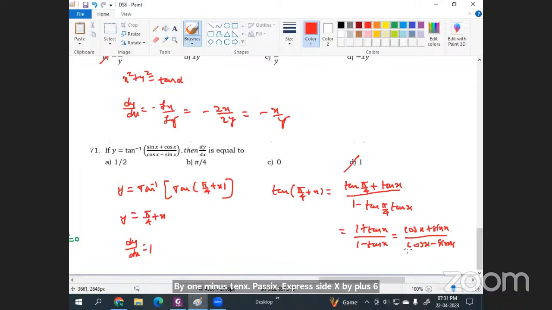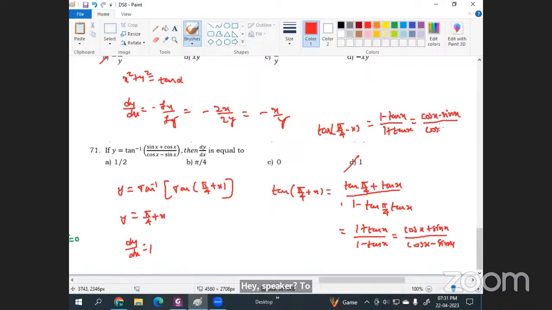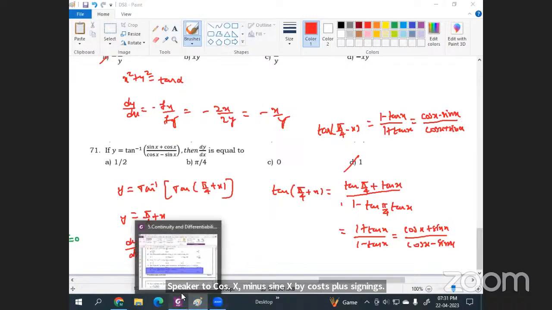Correct? So we got D, the fourth option. Is it okay? Next, one more formula: tan(pi by 4 minus x) equal to (1 minus tan x) by (1 plus tan x) is equal to (cos x minus sin x) by (cos x plus sin x). Right? Next.